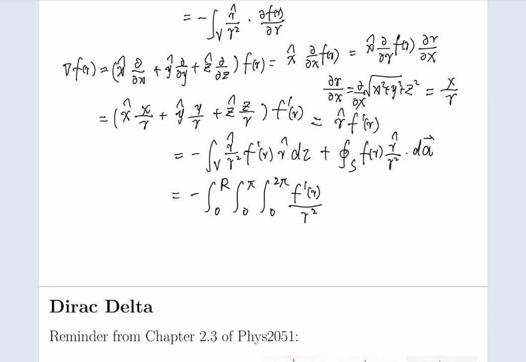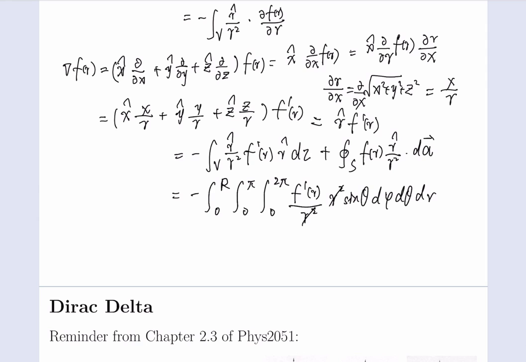And now d tau is the volume element. If you look up the table, in spherical coordinates the volume element is simply r squared sine theta, d phi d theta d r, and the r squared also cancels.